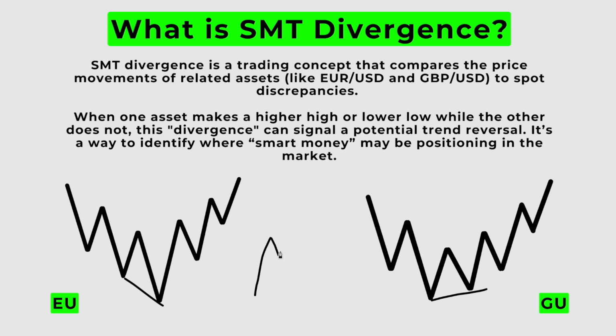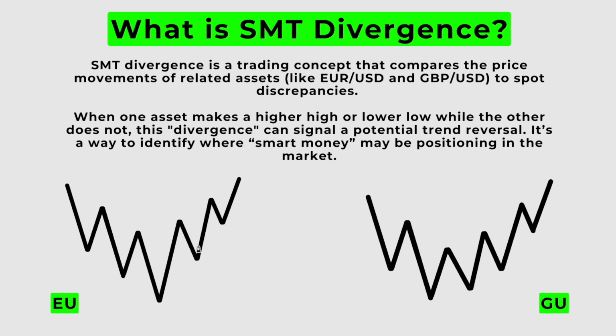Also, when we have a high down to a low, up to a higher high, higher low, and then we have this, compared to when we have this. Here we can see we made a higher high, but here we made a lower high. That is also SMT divergence. It shows you a cracking correlation and that there's weakness entering the market.